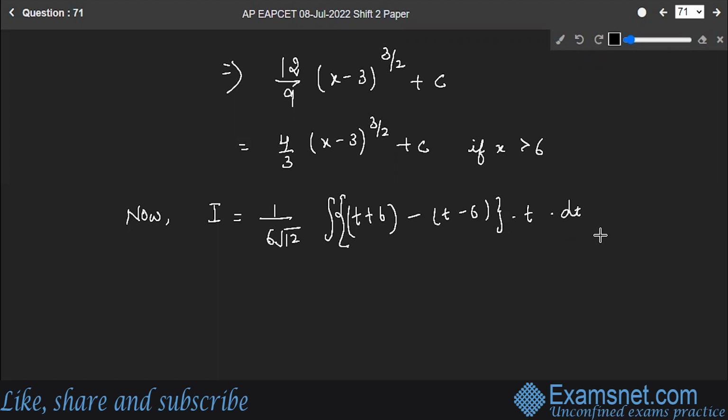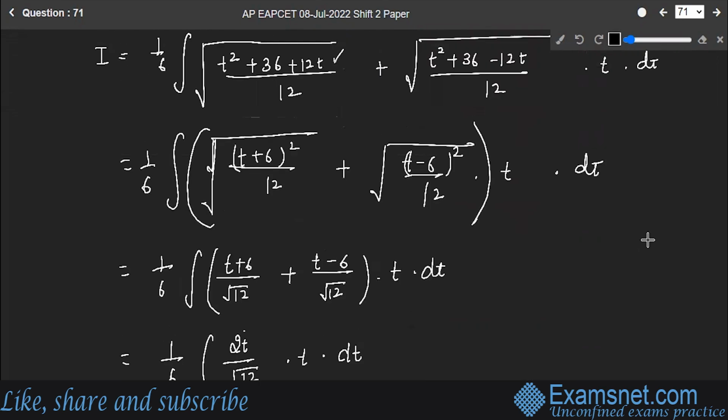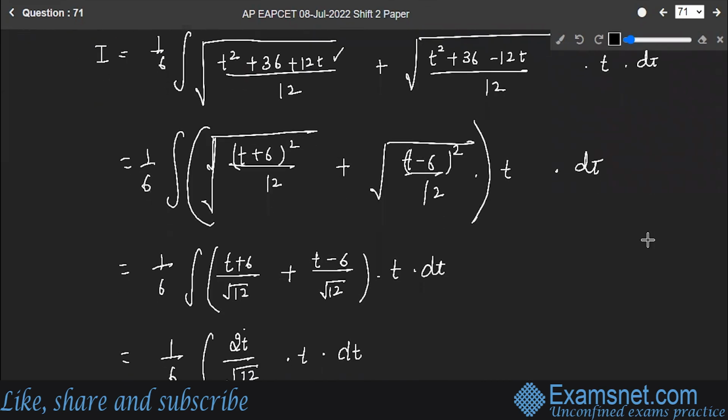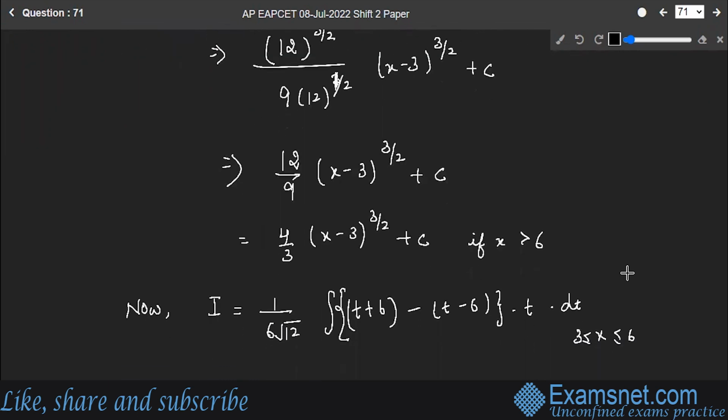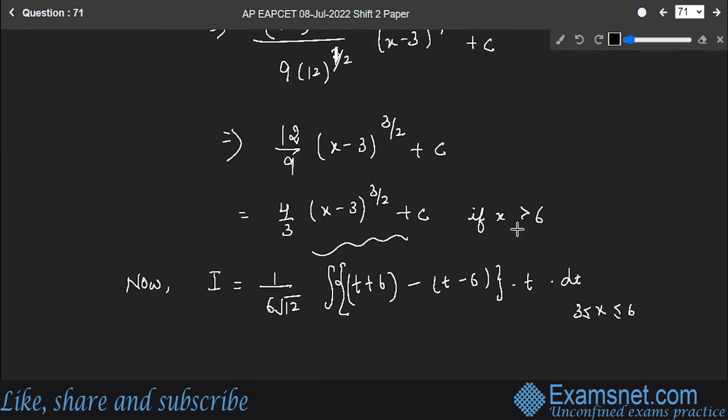Now this is when x is lying between 3 and 6. See, what happened was actually when we were solving this thing, when we made the squares, this part was when t square is greater than 36, right? So we have the two conditions. That is, first thing was, this is true when x is greater than 6 and this is true when x lies between 3 and 6.